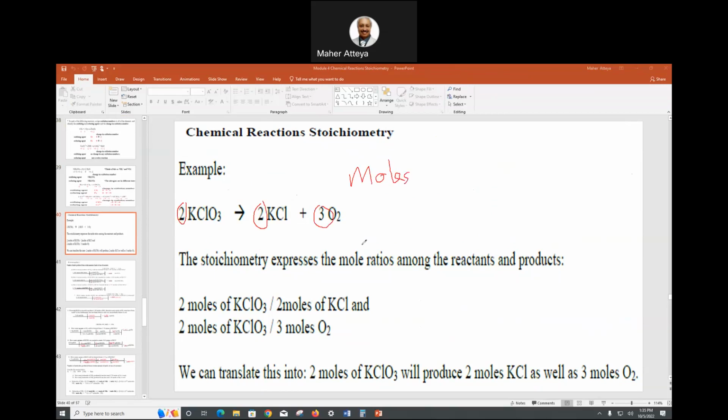The mole is the ratio of mass over molar mass. So those are called moles, and it has a name for them. If you see it in your OWL, it's called, again, can't write it, coefficient, double F, I C I E N T S, coefficients.